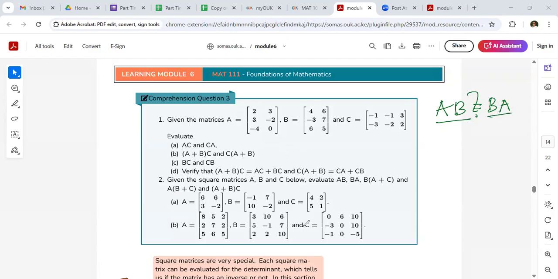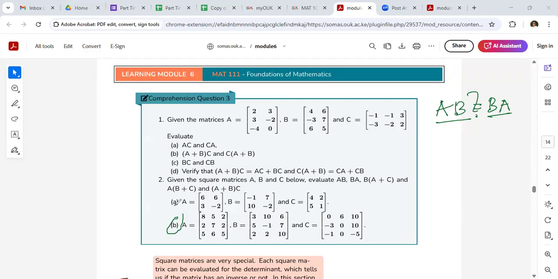When you multiply matrices, even if it was a square, let's take a square matrix. Let's take two square matrices. Let me write them down. Let me take A and B here. We'll just quickly multiply with Maxima and we'll see what happens.